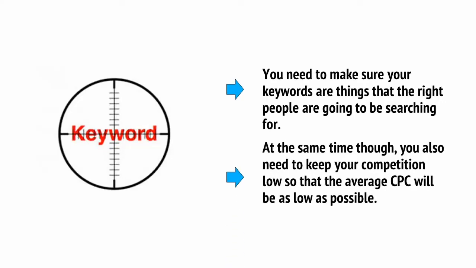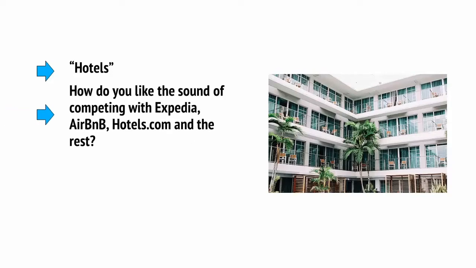At the same time, though, you also need to keep your competition low so that the average CPC will be as low as possible. If you try and rank for, say, hotels, then you're going to be up against thousands of other businesses, some of which will have near infinite resources. How do you like the sound of competing with Expedia, Airbnb, or Hotels.com and the rest?